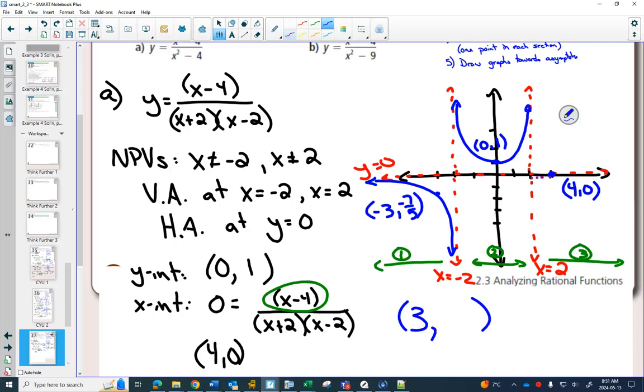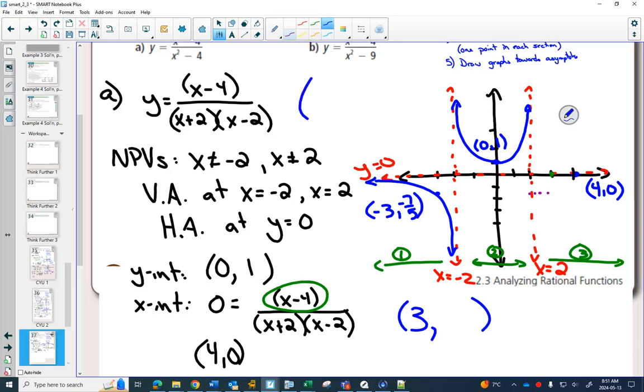So I'm going to plug in 3. And when I plug in 3, this is another problem. 4 should be at 4, and I think I labeled it at 3. Also causes a problem for me.